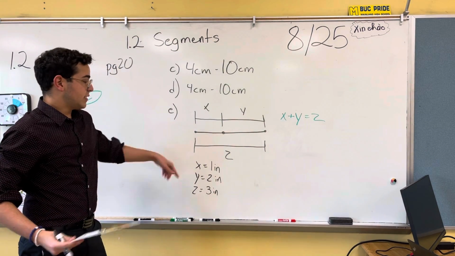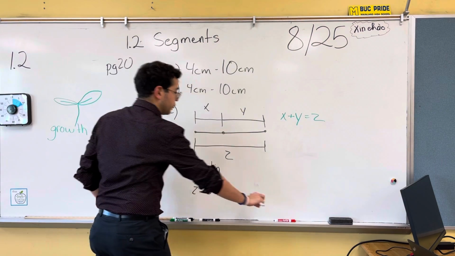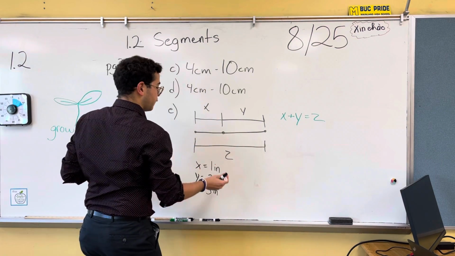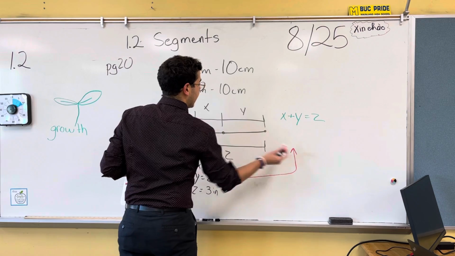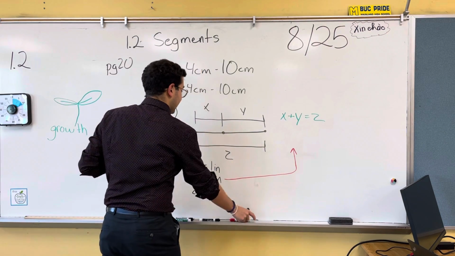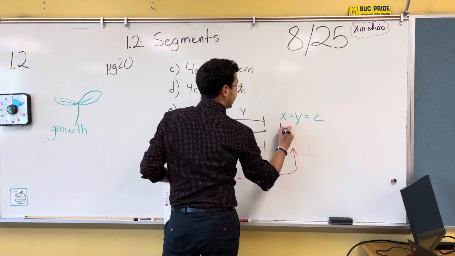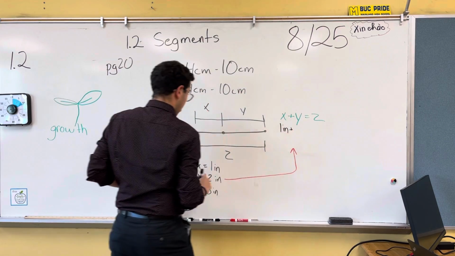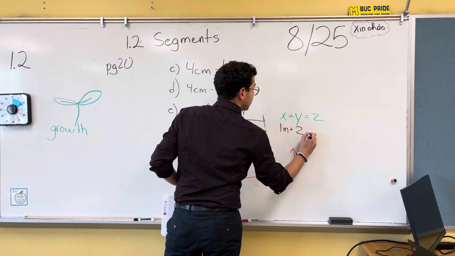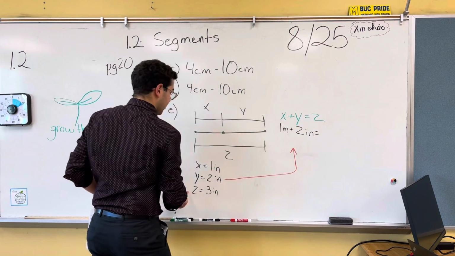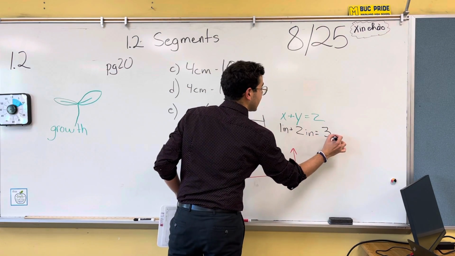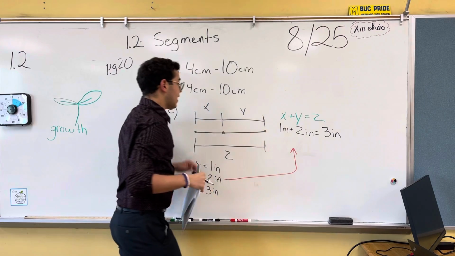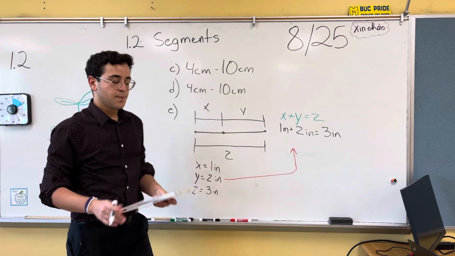And what's interesting is that when we substitute the values into the formula, again, we enter those inches. X is 1 inch, so 1 inch plus Y is 2 inches, 2 inches equals 3 inches. That is correct, that is true, and we see that because X plus Y equals Z.